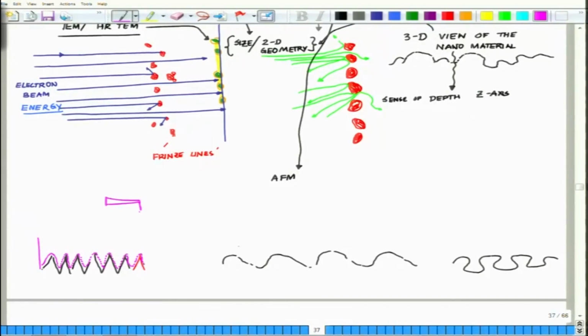Or say for example, this tip is now traveling like this, and you can do it in multiple ways. I am just giving a very simplistic view of AFM, something like this. So, this could be done in two ways.